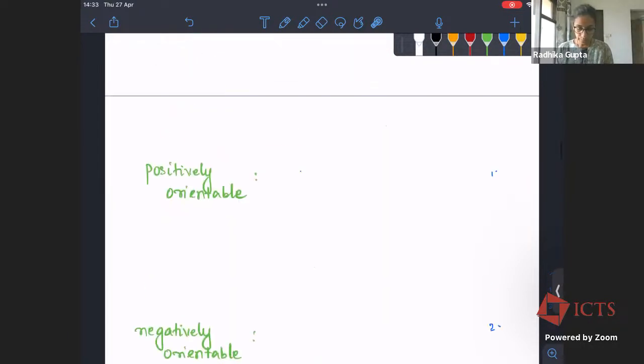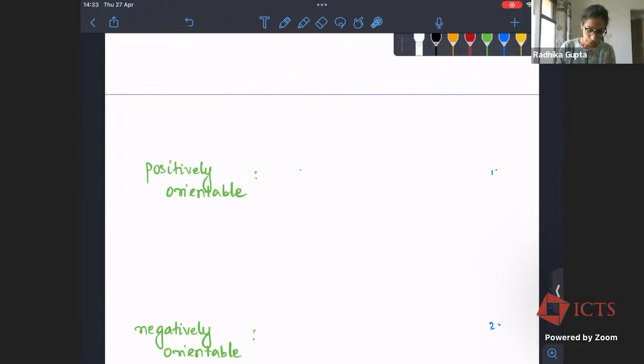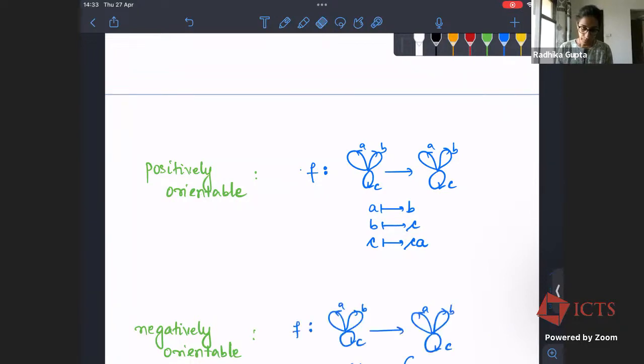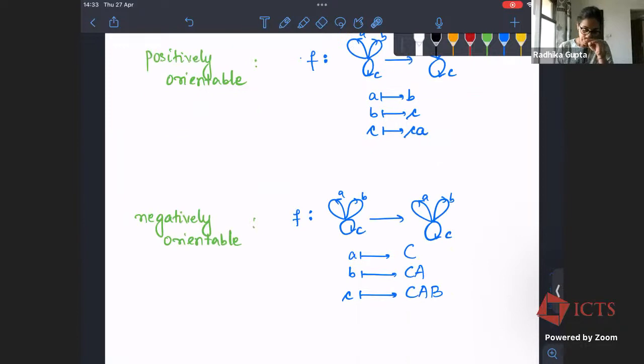Let's look at examples. Here is an example of a positively orientable graph map. A, B, C are the positive orientations, and in the image, I'm seeing only the positive edges. So this is a positively orientable graph map. Okay, I've switched notation.